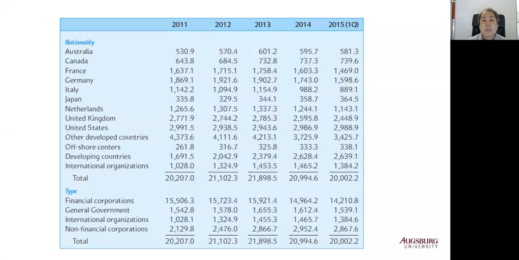The next table is divided into two panels. The first panel is the nationality of issuers. The top panel indicates that France, Germany, Netherlands, UK, and the US have been major issuers of international bonds. The second panel is the type of issuer. Financial corporations are the largest issuers of international bonds.